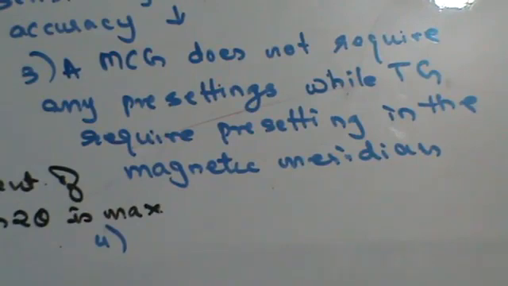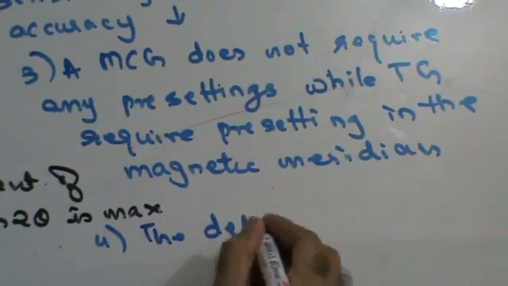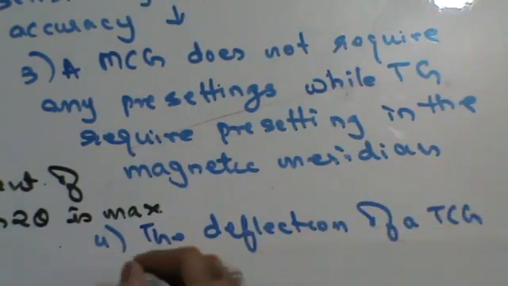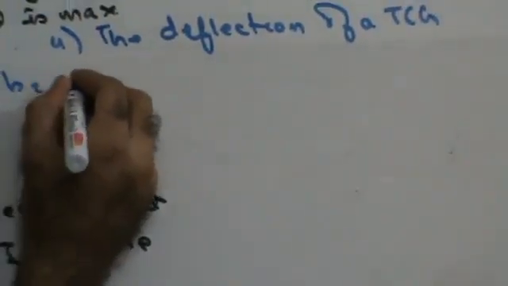The deflection of the tangent galvanometer can be easily affected by stray magnetic fields, but in the case of a moving coil galvanometer, stray magnetic fields do not affect the deflection because it has its own very strong magnetic field. A tangent galvanometer depends upon the Earth's magnetic field and the magnetic field produced by the coil. Hence, a stray magnetic field can easily affect the deflection, which is not the case in a moving coil galvanometer. Right?